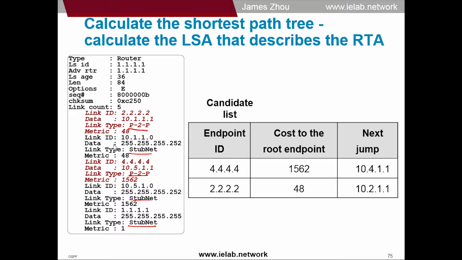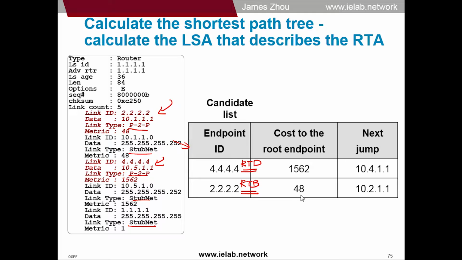The first one is to build the shortest path tree, so use point-to-point segments and transit segments. So we use this information and this information and put it into the candidate list. This is RTB, this is RTD.